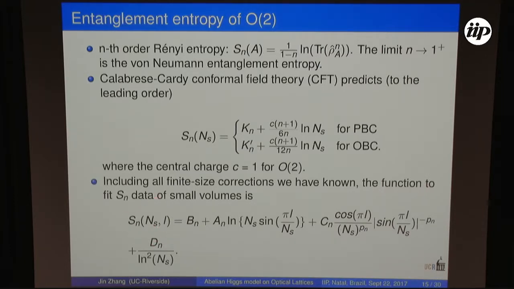We will fit this Renyi entropy data by this function. So we add an oscillation term and a 1 over log squared term. Here this little l is the length of the subsystem A.